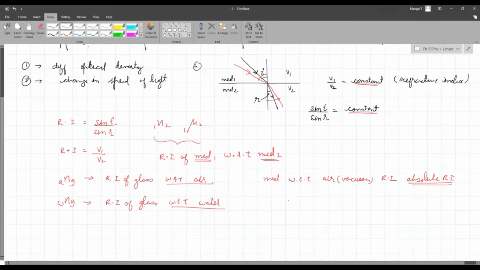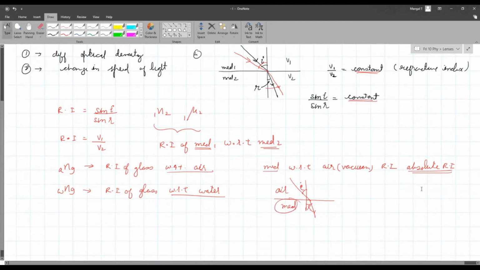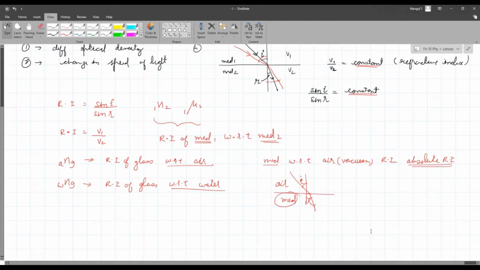It means a ray of light is coming from air into that medium, so the angle of incidence is in air and the angle of refraction is in that medium. That is the refractive index of a medium with respect to air or vacuum, the absolute refractive index. So when you search online for the refractive index of glass and you get 1.5, it means it is with respect to air.